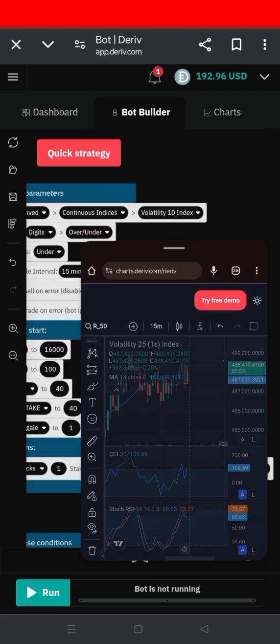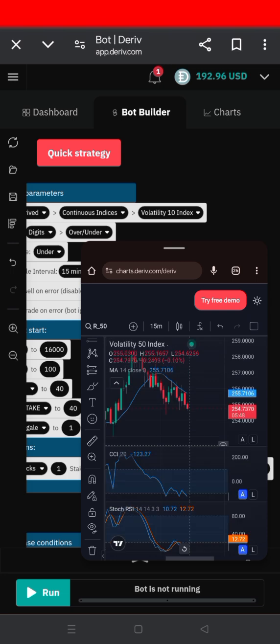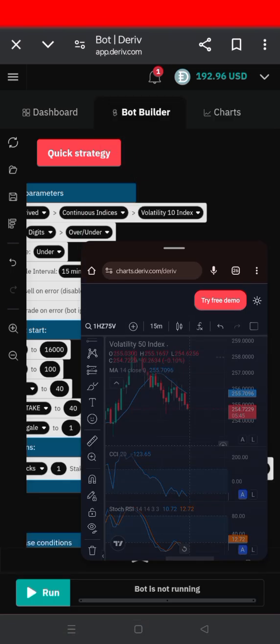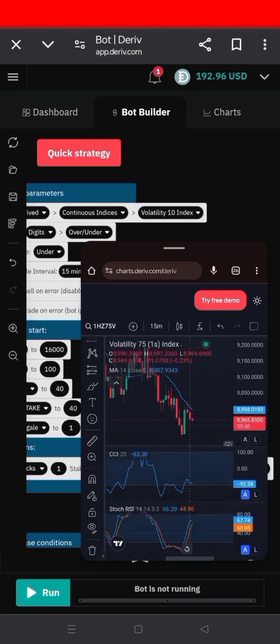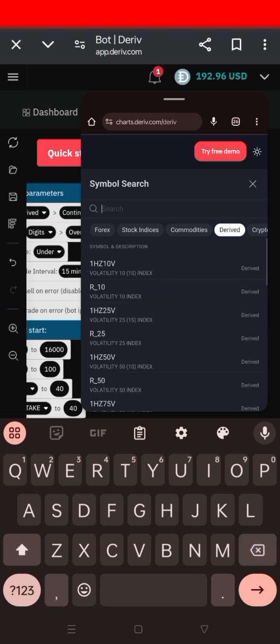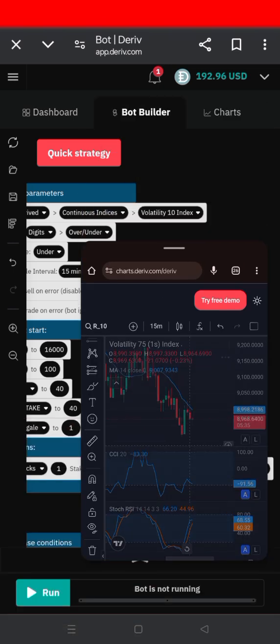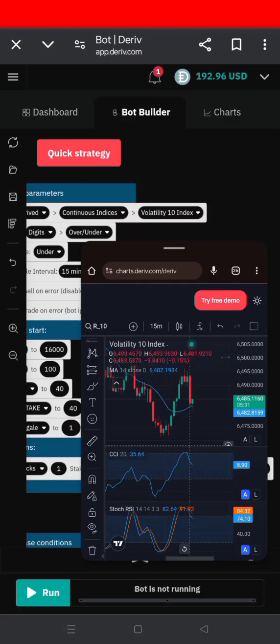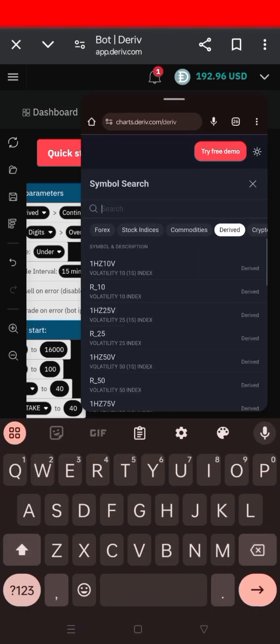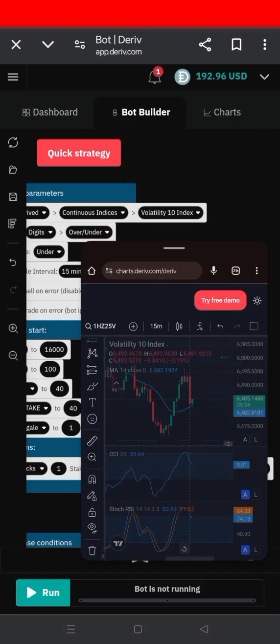That's volatility 25 1 second. Yes, let's now give it a try using this one, because we can see that volatility 25 1 second, 50 does not qualify. So let's go back to see this one whether it qualifies. Volatility 75 1 second doesn't, but I think we will give a try to the 25 1 second, because we have seen it shows a clear uptrend.